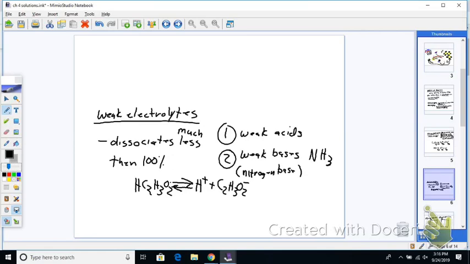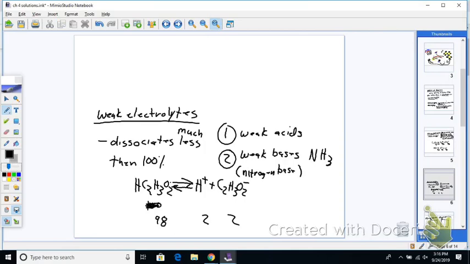So that means, and that's just a rough estimate, if I have 100 of this to start out with, and I start to break it apart, I'll end up with 98 of these and 2 hydrogens and 2 acetates.